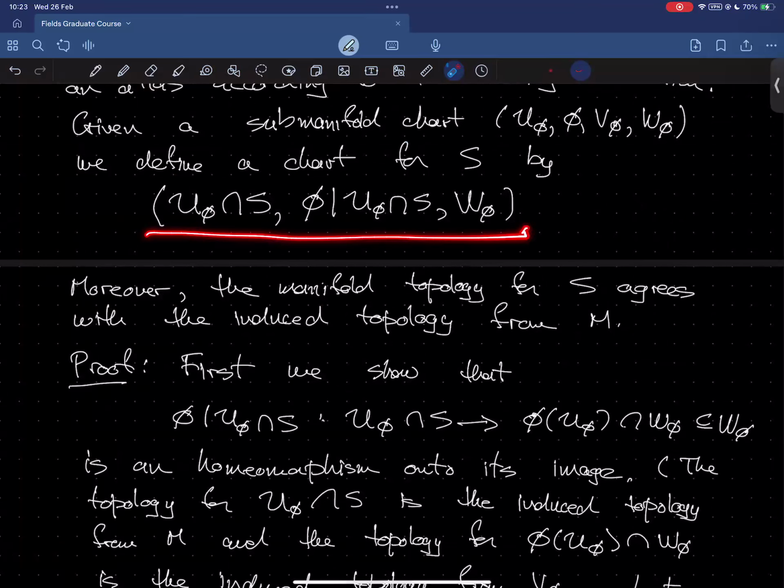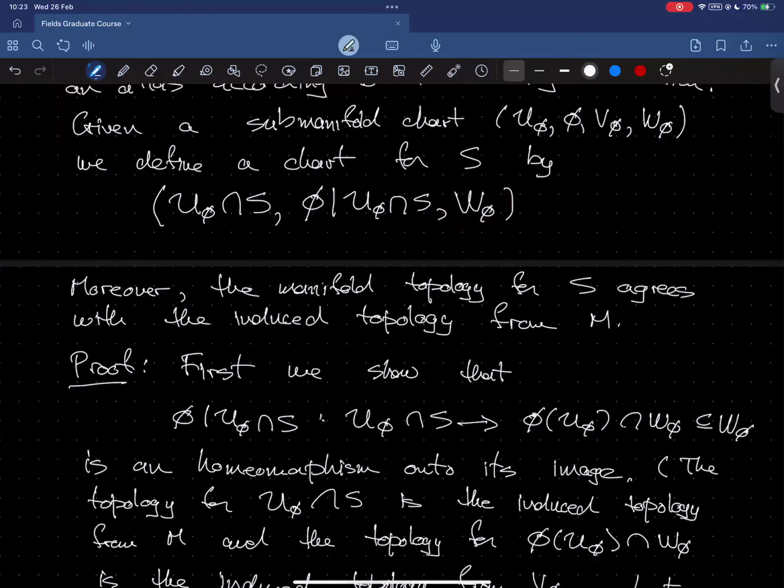So what's the definition of a chart? Well, you have some subset of the manifold, and in this case the manifold is S, so certainly this is a subset of S. You need to have some locally convex space in which the chart map takes its values. We do, W phi. And then we need to show that the image of phi in W phi is open.